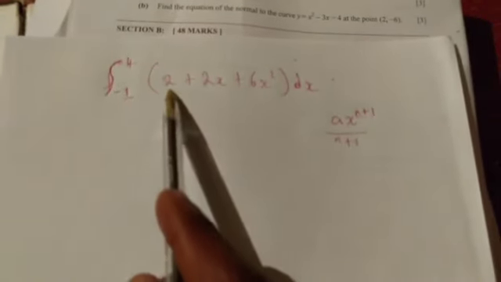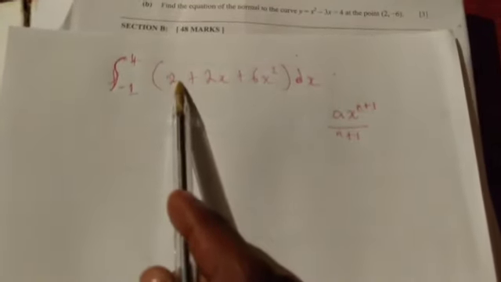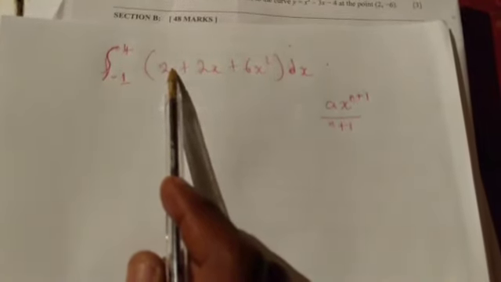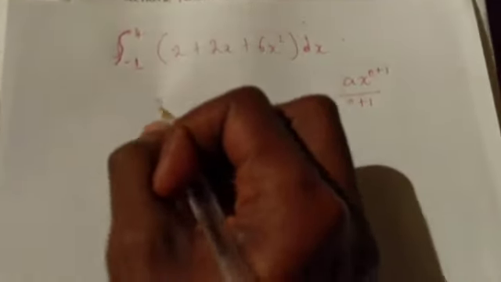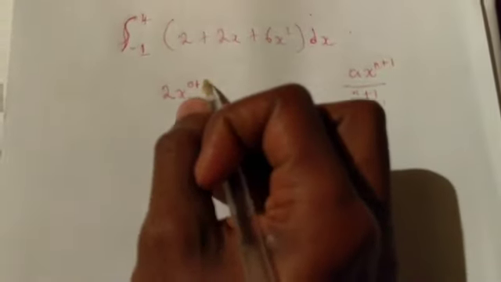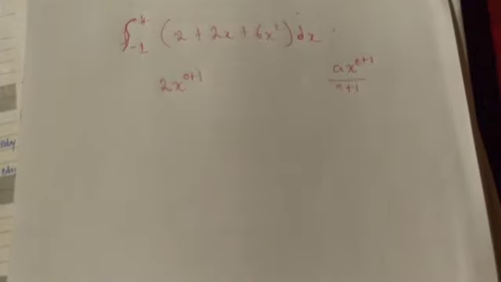Now in integration, a constant number automatically turns into a term with a variable. So for this one it will be 2x to the power 0 plus 1, and the next term follows the same way.